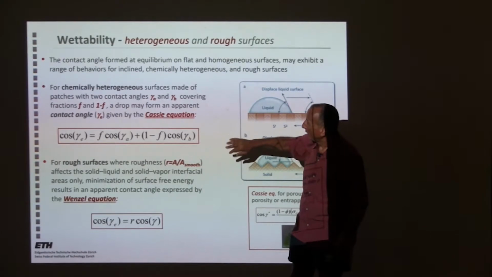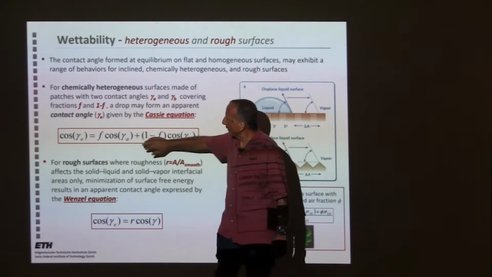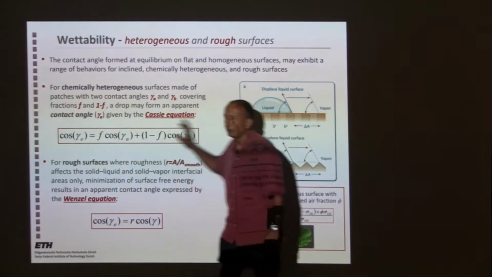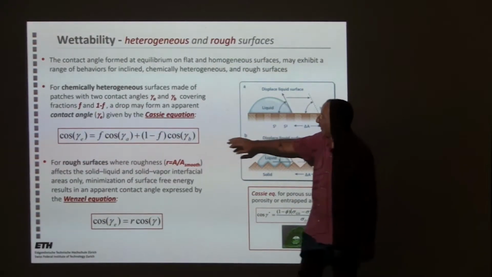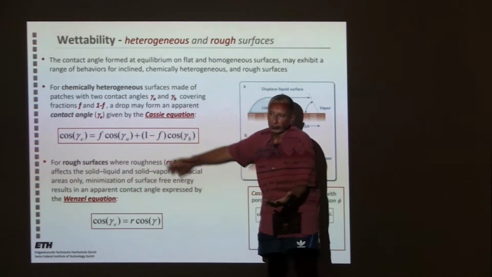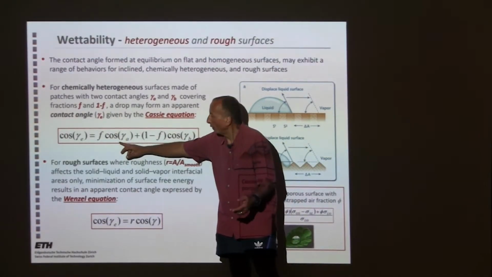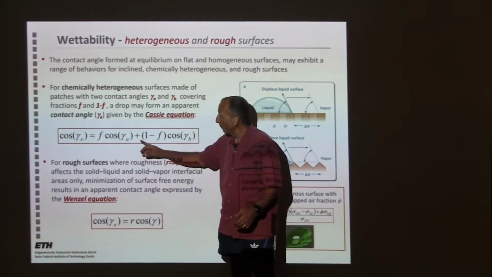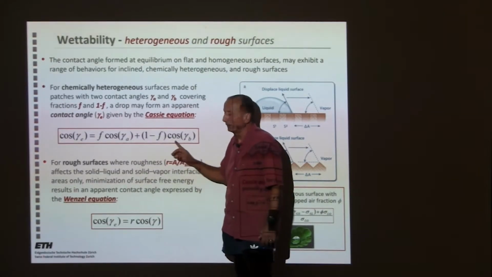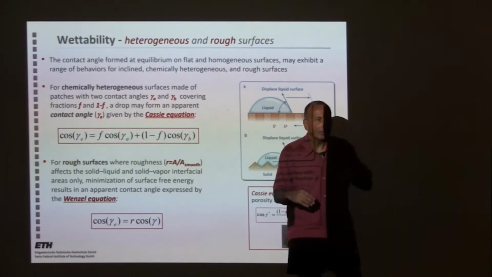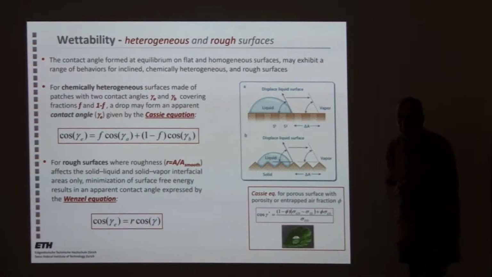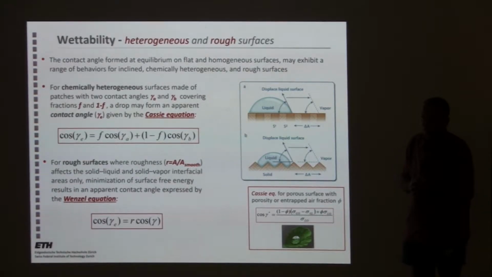According to Cassie's equation, which is really a kind of operational equation, the effective contact angle for this heterogeneous system will be the volume or area fraction of, say, the hydrophobic sand, plus 1 minus that fraction of the hydrophilic sand. Together they give rise to the effective contact angle of that composite surface.